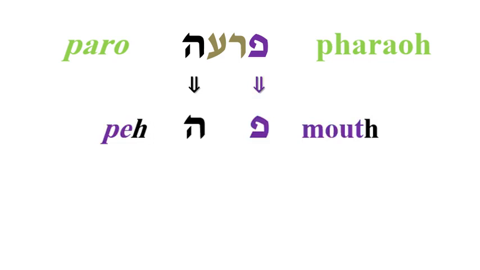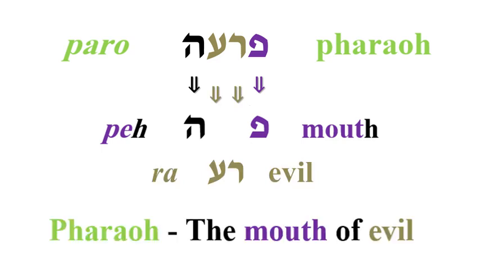And the letters in the center, resh, ayin, spell the word ra, which is evil. So Pharaoh, his name actually means the mouth of evil. Very appropriate name.